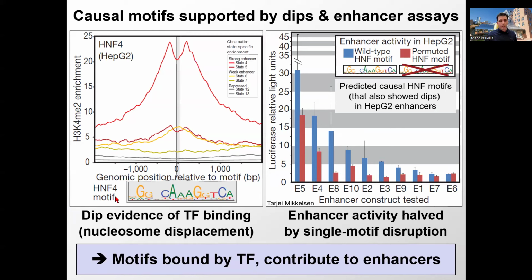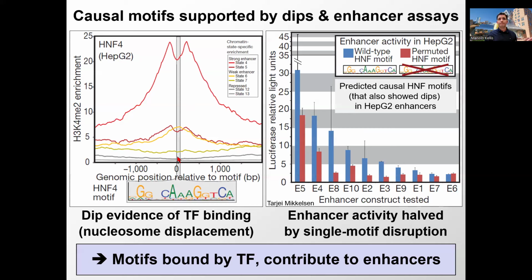And if you look at the hepatic nuclear factor 4, HNF4 motif, you basically see that in HepG2, in hepatic cells, that motif is surrounded by this very active, strong enhancer state 4. But the repressed state 12 is actually depleted whenever that motif is found.